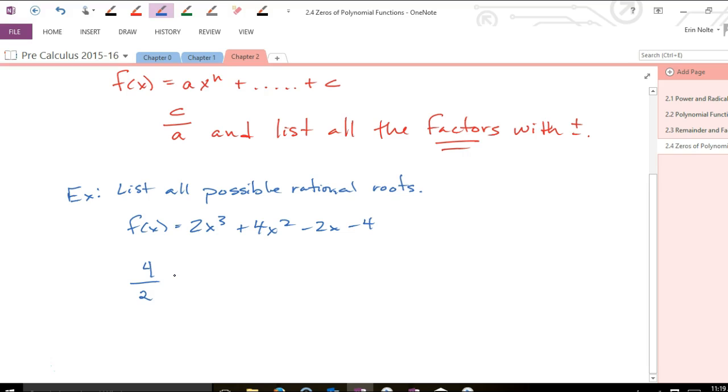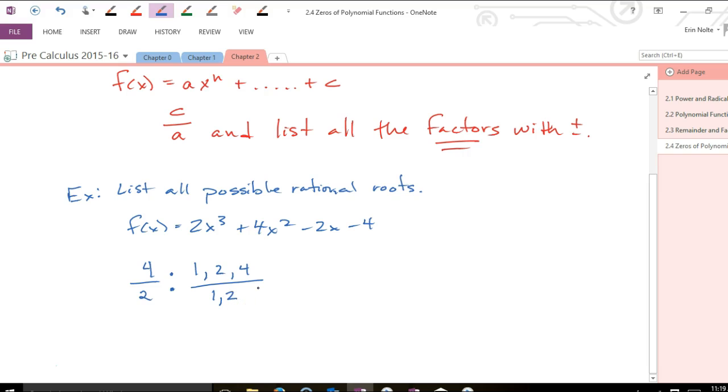Okay, so at this point what I'm going to do is list all of the factors of 4. So on the top, what are factors of 4? 1, 2, and 4. So I'm going to list those: 1, 2, and 4. Okay, and then on the bottom I'm going to list all the factors of 2. So what are the factors of 2? 1 and 2.